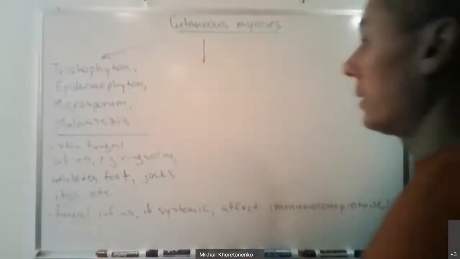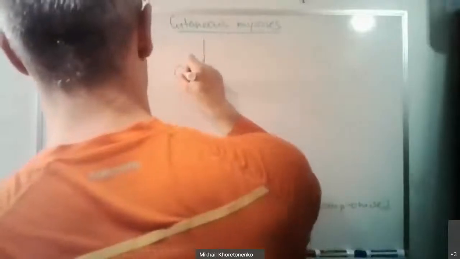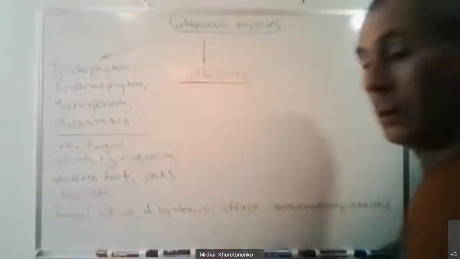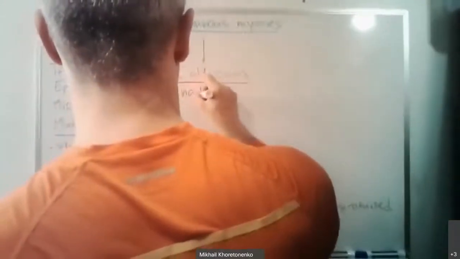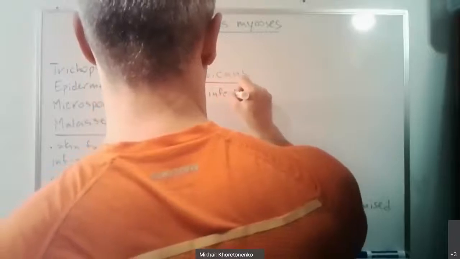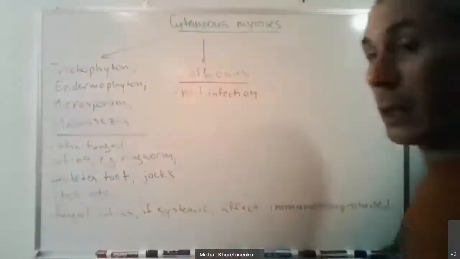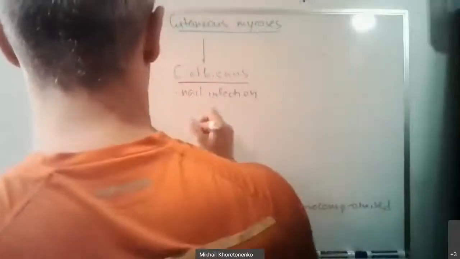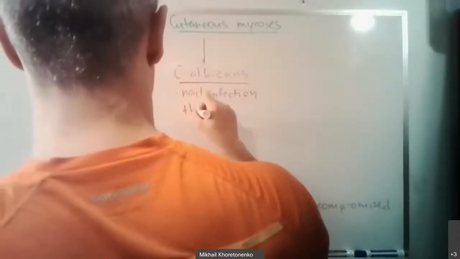Another one, not even a genus, is Candida albicans, a species of yeast that can cause infection of the nails and mucosal candidiasis, which can manifest itself as thrush.